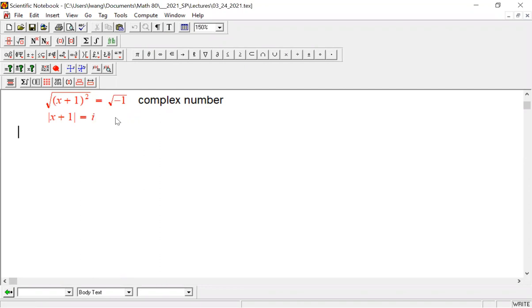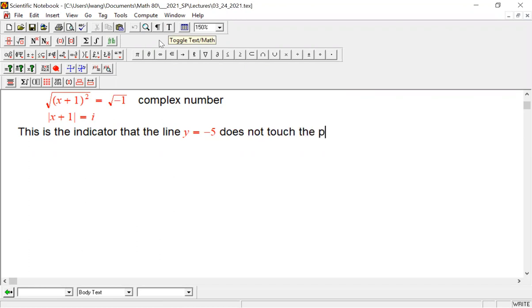This is the indicator that the line y equals -5 does not touch the parabola.